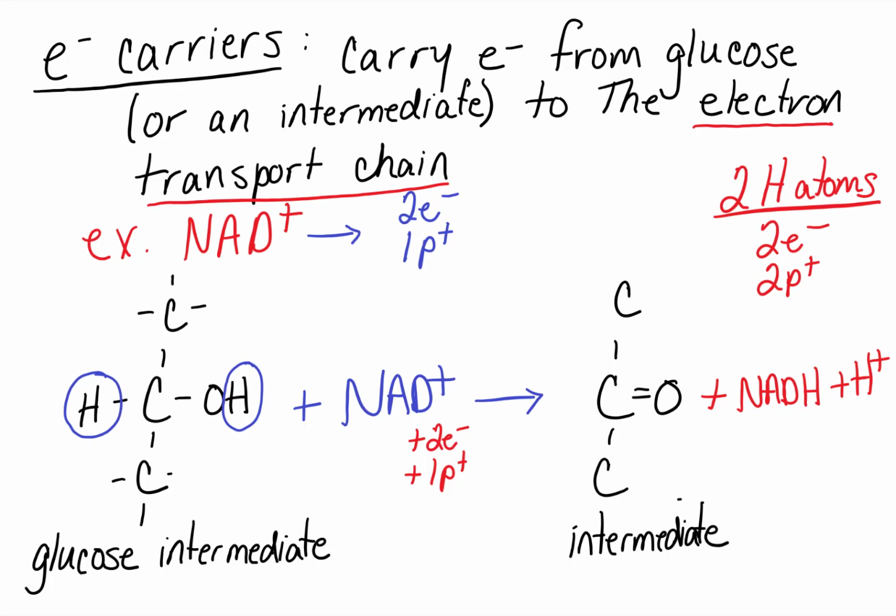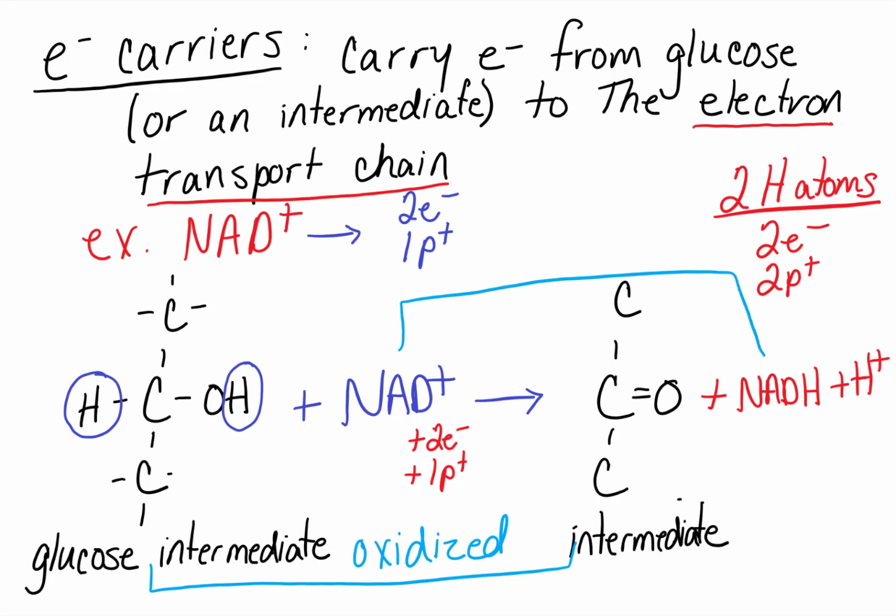We have transferred electrons between reactants with the loss of some energy. In this case, glucose again has been oxidized. There has been a loss of electrons, and NAD+ has been reduced.